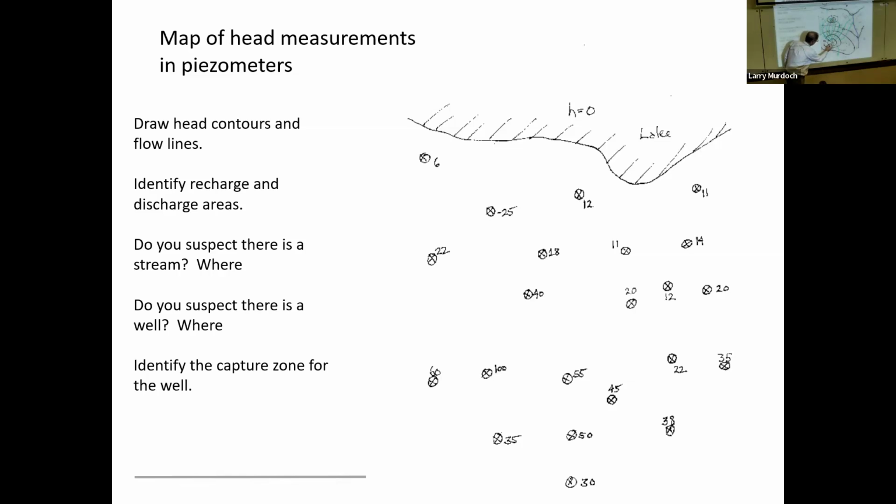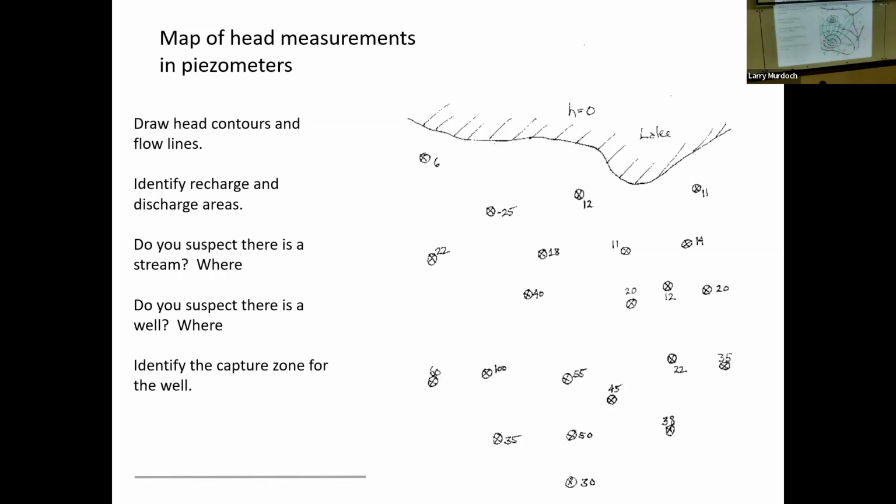So these are the flow paths. One starting point and then a flow path that is perpendicular to the head contour.